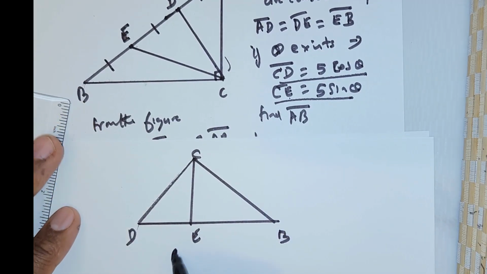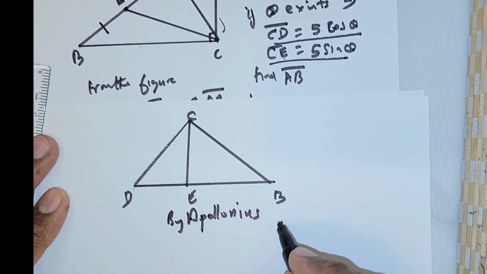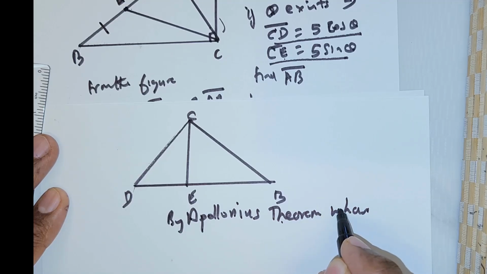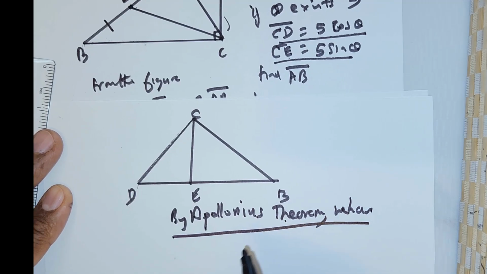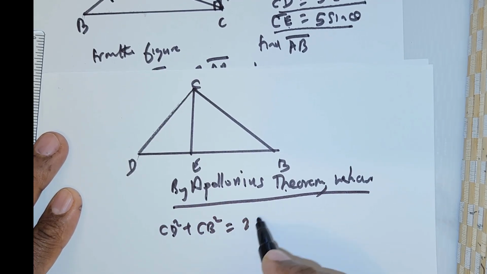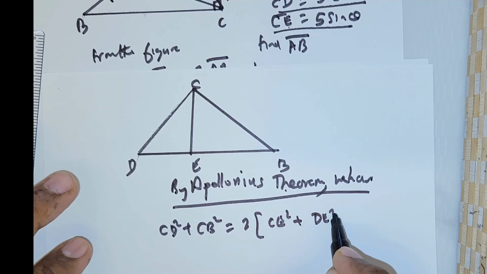So by Apollonius theorem, we have CD squared plus CB squared is 2 times CE squared plus DE squared.